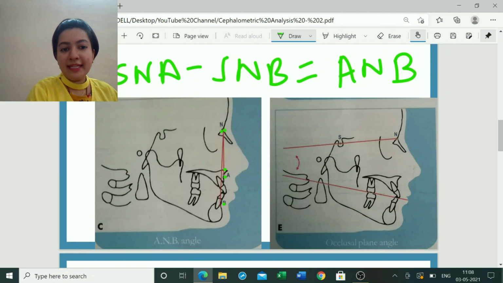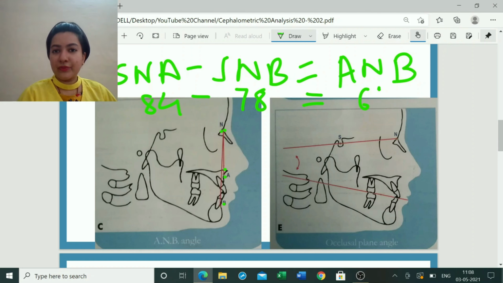So if your SNA is 84 and your SNB is say 78, your ANB angle becomes 6 degrees, correct? This is the other way of measuring the ANB angle in case you do not want to trace it on the cephalogram. If only SNA and SNB are given, you can easily calculate ANB.